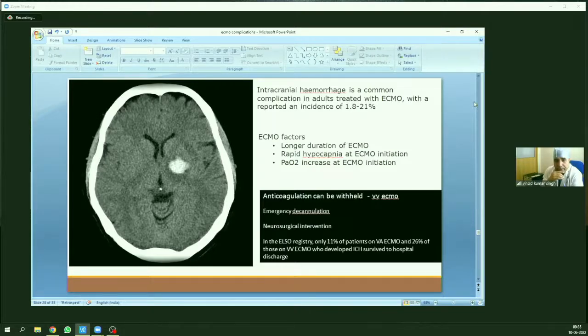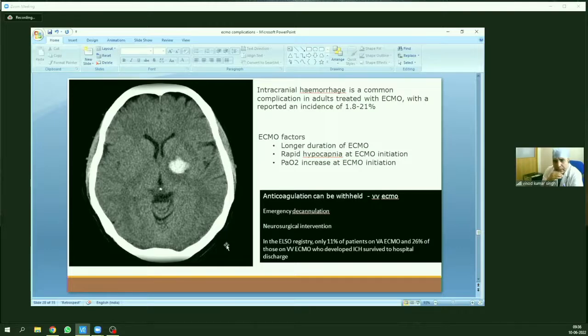That means if we put a patient on VA or VV ECMO and the patient's PCO2 is high, like more than 100, and you decrease it very rapidly, this rapid change in the PCO2 can cause intracerebral hemorrhage in such situations.